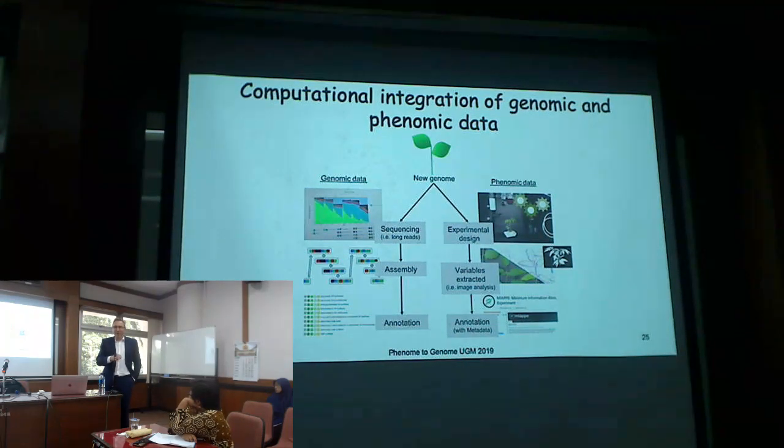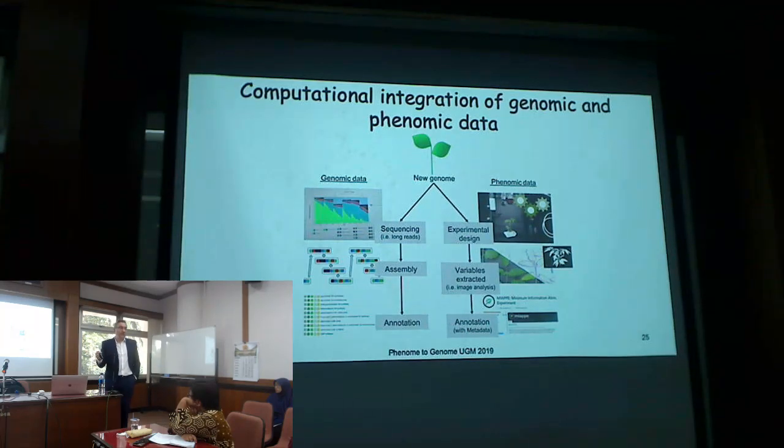So still working with black rice, which is quite valuable in Indonesia, but nobody has sequenced the genome. The only genome that is available is the Japanese rice or the Indian rice. And this is not helpful because it doesn't tell you all the information. Okay, and this is very common all over the world. Africa, South America, most of the plants that we grow locally, nobody knows anything about them.